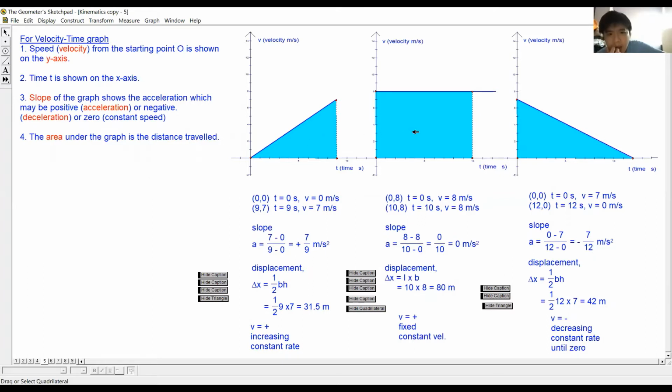The area under the graph represents the displacement or the distance traveled during that period of time. From 0 to 9 seconds, the distance covered or the displacement is represented by this area. From 0 to 10 seconds, by this area. From 0 to 12 seconds, by this area.